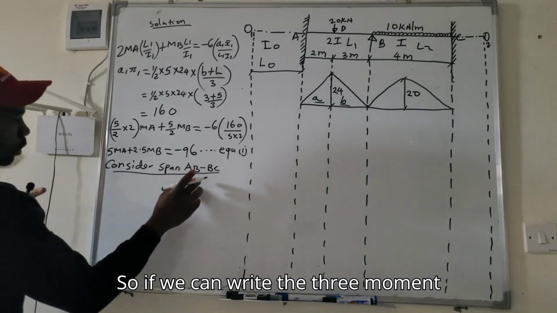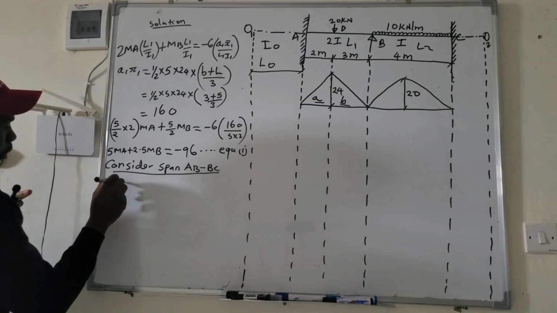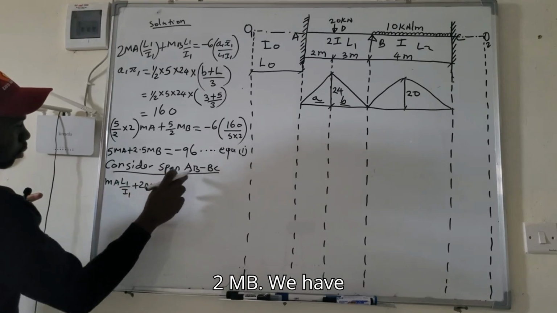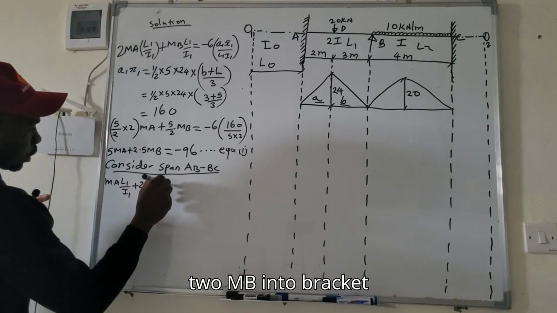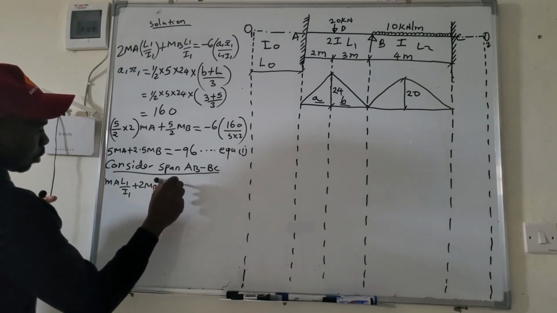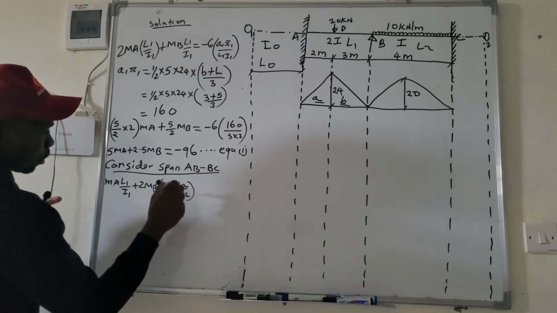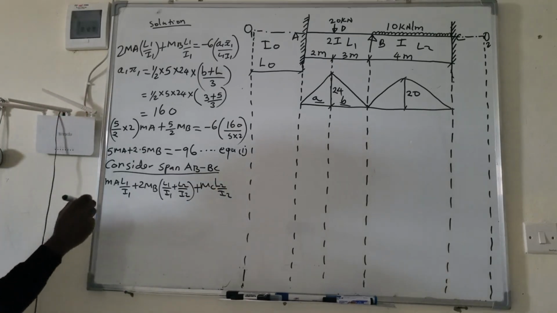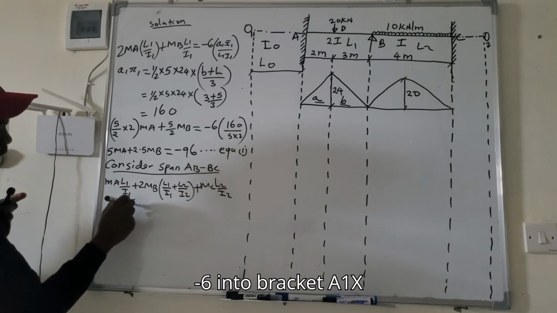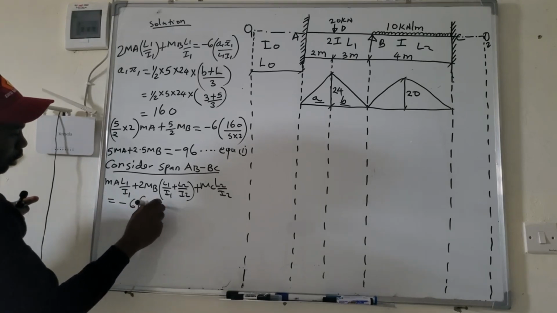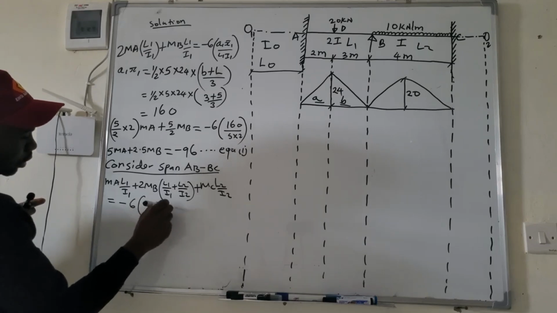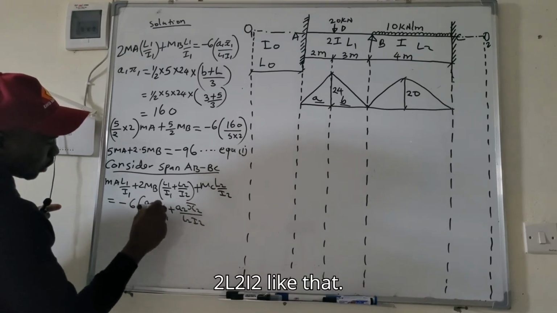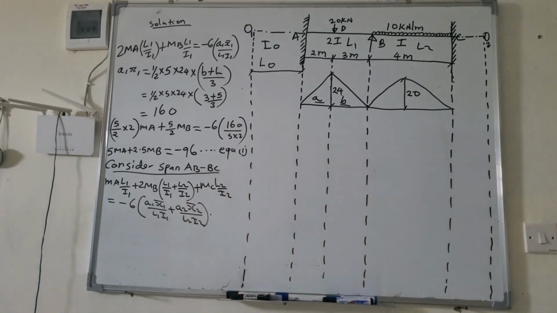If we write the three-moment theorem based on these spans, we'll have MA L1 I1 plus 2 MB into bracket L1 I1 plus L2 I2, plus MC L2 I2, equal to minus 6 into bracket A1 x bar 1 over L1 I1 plus A2 x bar 2 over L2 I2.